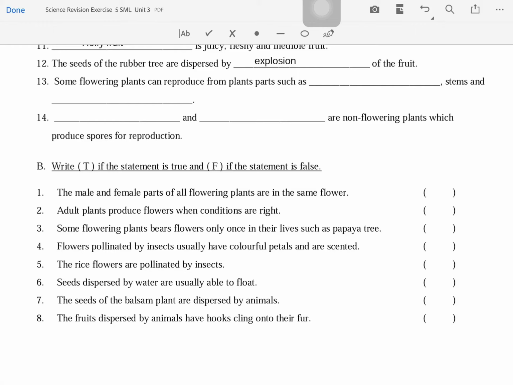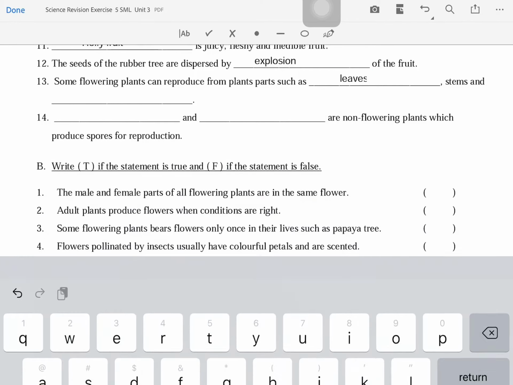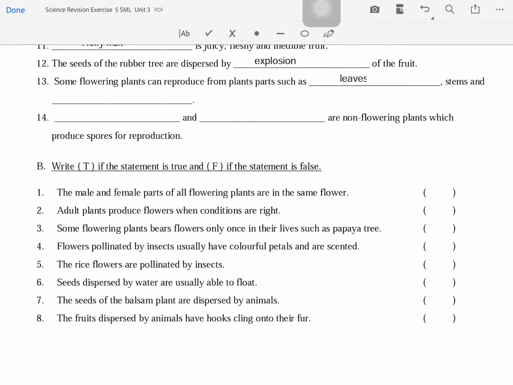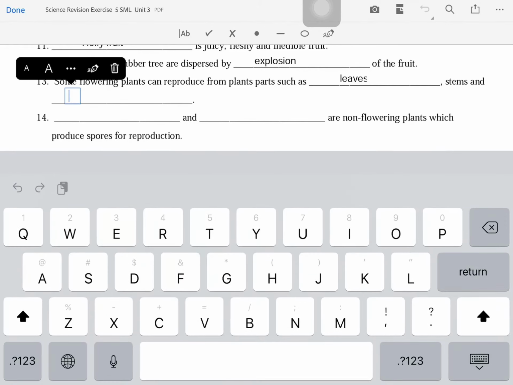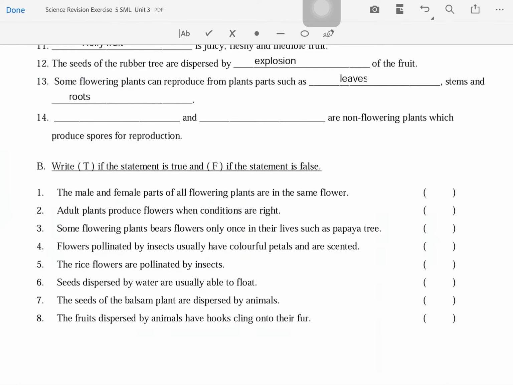Alright, so some plants can reproduce from their leaves, means they can have small little baby plants on its leaves. Okay, so first answer is leaves. Leaves they can reproduce, stems they can reproduce. Okay, and then the other way of reproducing for flowering plants is through their roots. Okay, it's through their roots.